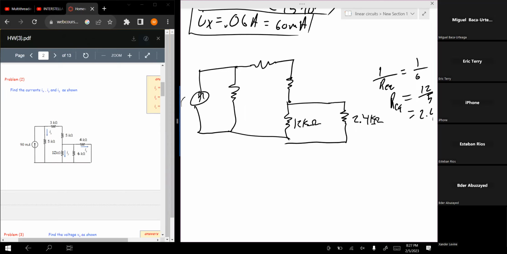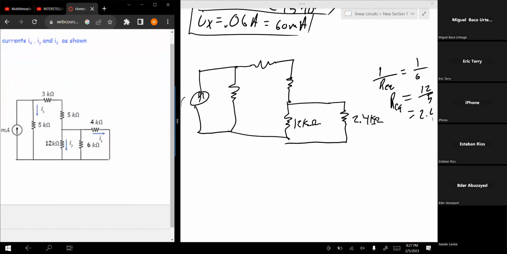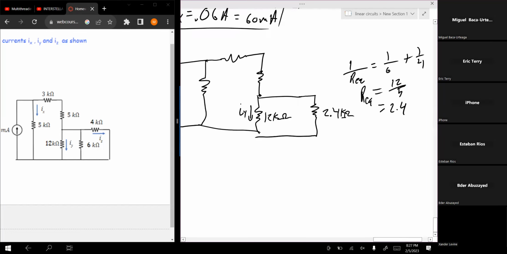So if you see the question here asks us, what's IY? So what's the current flowing through this right here? We know that through this branch here, we have 30 milliamps flowing, meaning that here's our formula.